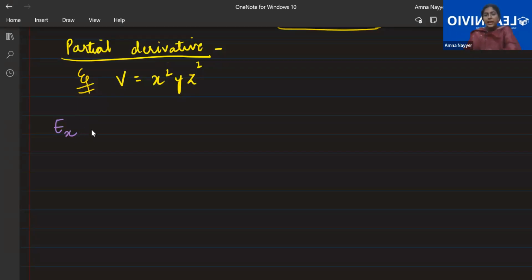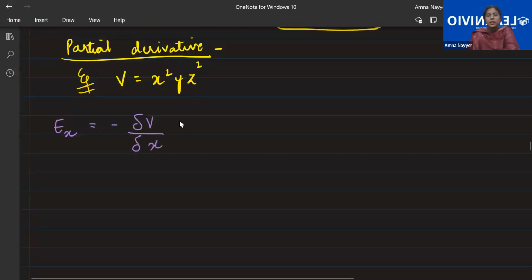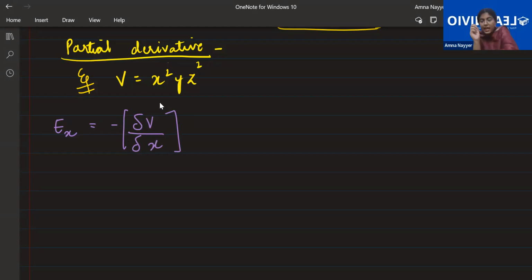So electric field on the x-axis will be given by minus delta V over delta x. Now, when you are differentiating it with respect to x, your y and z will be constants. Y and z will act as constants.